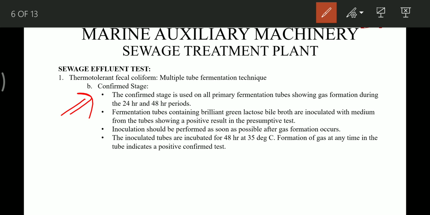So the fermentation tubes containing brilliant green lactose bile broth are incubated with the medium from the tubes showing a positive result in the presumptive test.